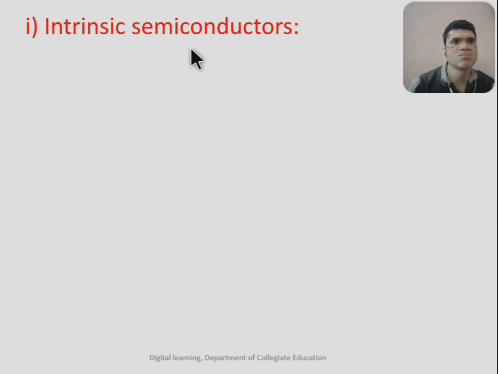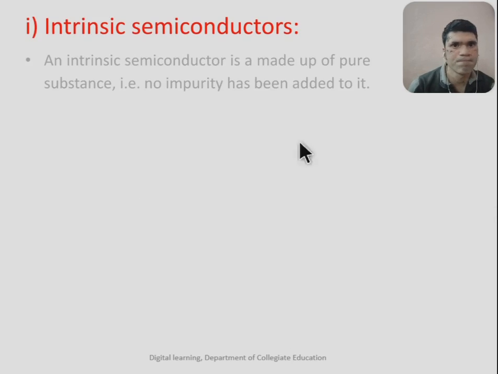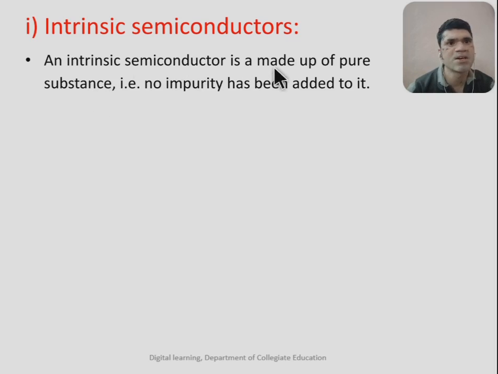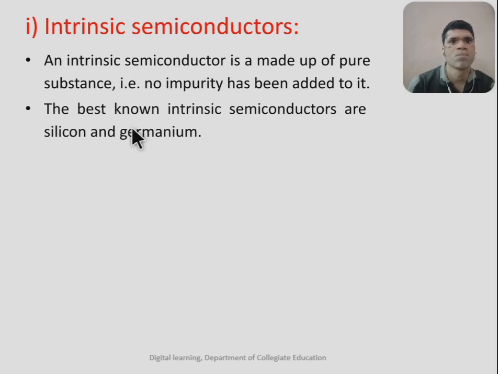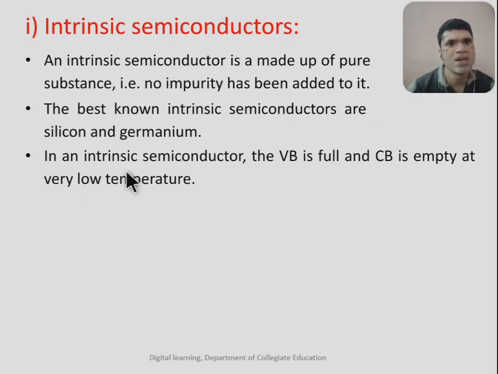So let us move to intrinsic semiconductors. An intrinsic semiconductor is made up of a pure substance, that is, no impurity has been added to it. The best known intrinsic semiconductors are silicon and germanium. In an intrinsic semiconductor, the valence band is full and the conduction band is empty at very low temperature.